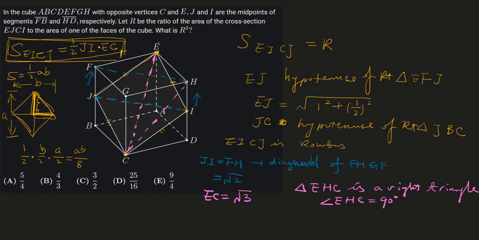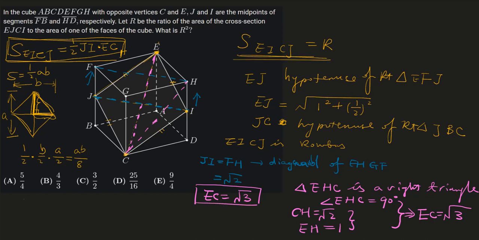Therefore, we know that the diagonal of this square, CH, equals square root 2, and EH equals 1. That's the side of the cube. And we combine these three. We have EC equals the square root of square root 2 squared plus 1 squared, which is 3. So EC equals square root 3.